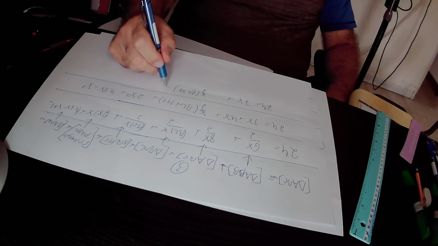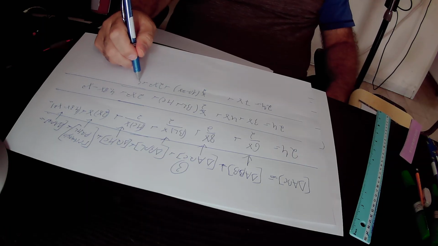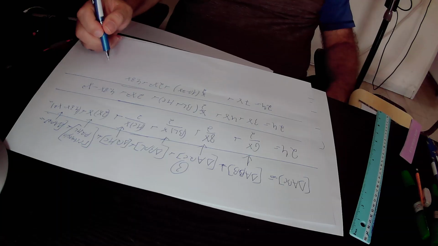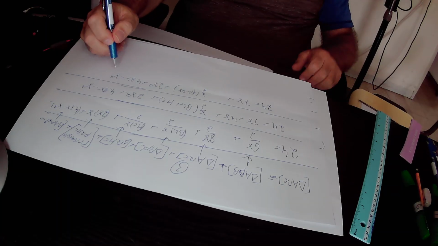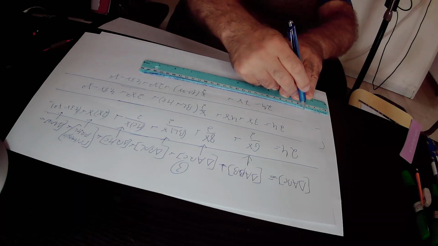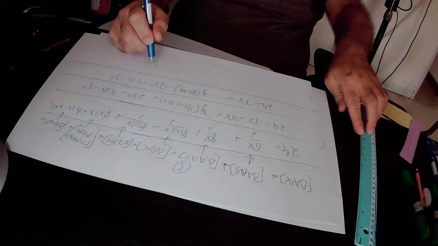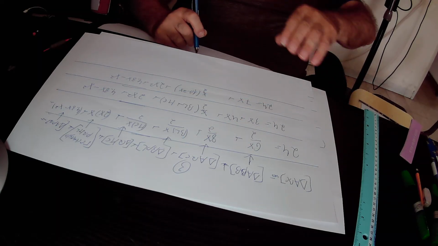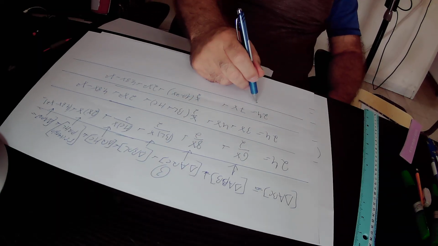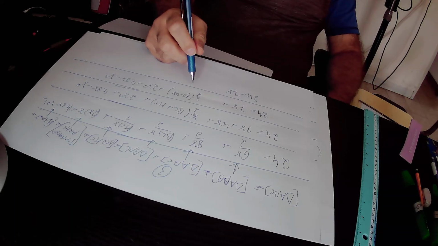Here plus 2x squared plus 4.8x minus x squared. So we have 24 equals 7x.